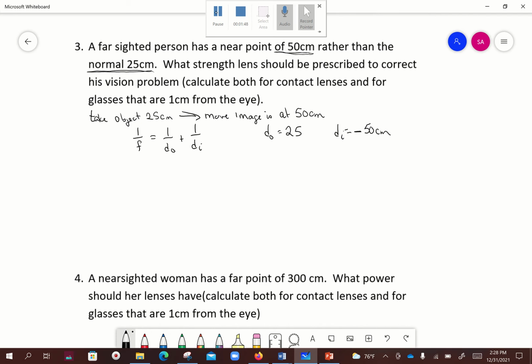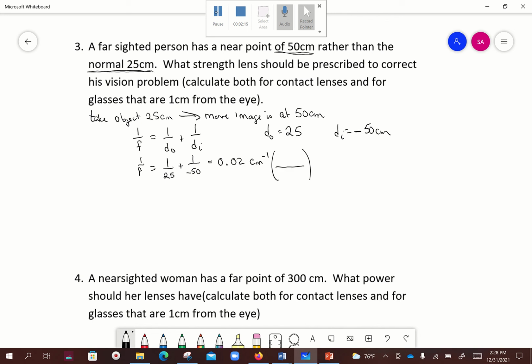Okay, so 1 over f is going to be equal to 1 over 25 plus 1 over minus 50. So they get 1 over f is 0.02, but that's in centimeters, and the prescription has to be in diopters. I need to convert that into per meter.